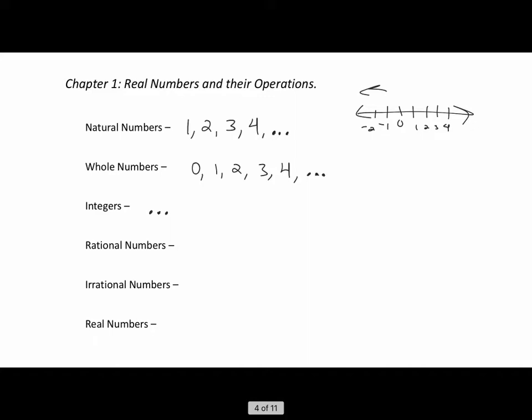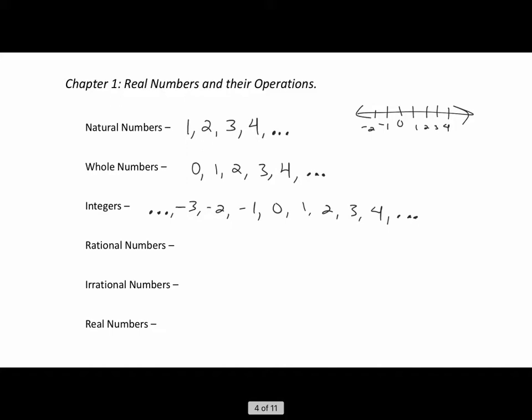We could keep counting, so there is no such thing. So then we're going to go -3, -2, -1, 0, 1, 2, 3, 4, etc. All of those numbers that we have on the number line here so far are integers. They're the whole numbers and the negative whole numbers.